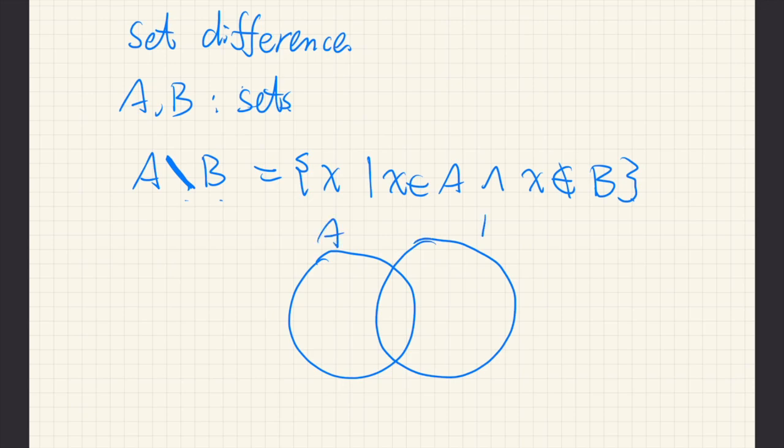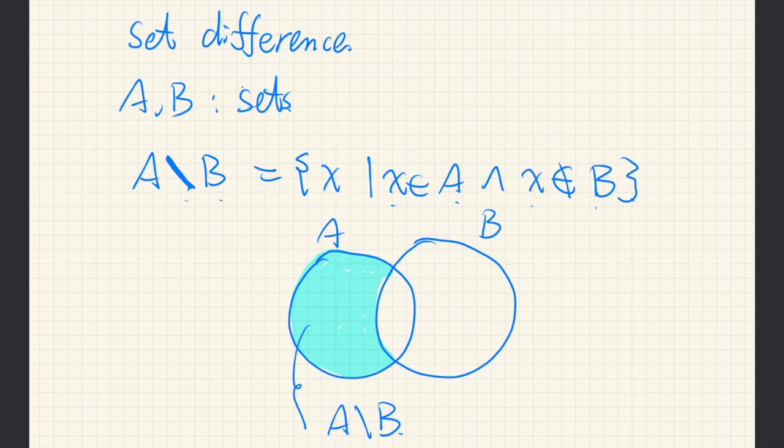We have A and B. So x belongs to A, but not B, so that means this part. This is the part where elements belong to only A, but not B. So this is A set minus B.